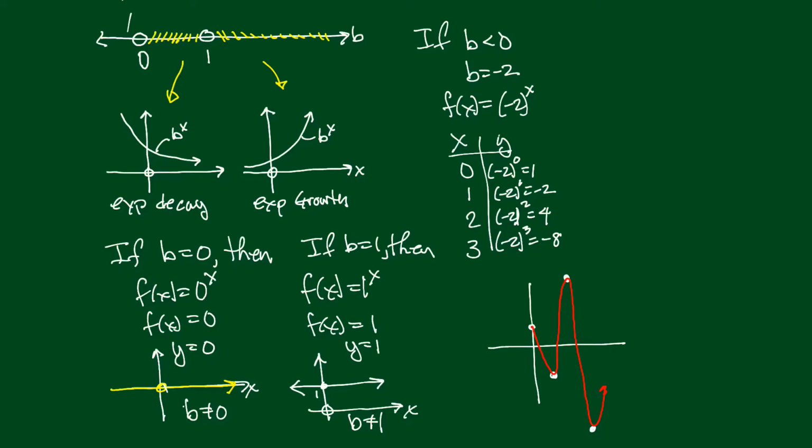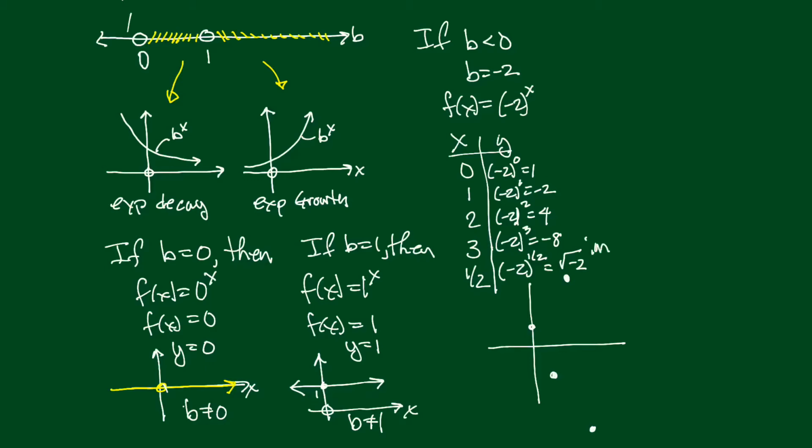But that's not what's happening. That behavior does not look like any of these behaviors. So that's one reason we exclude it. But let me erase that now. If I put in 1/2, I will get -2 to the 1/2, which I could write as the square root of -2.